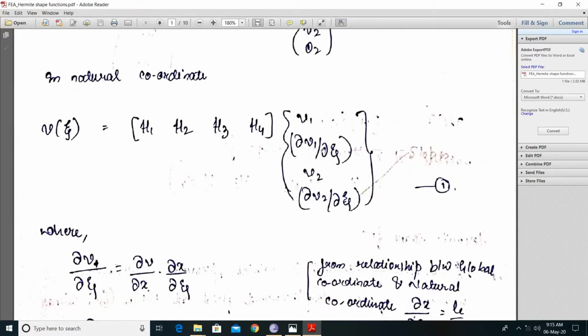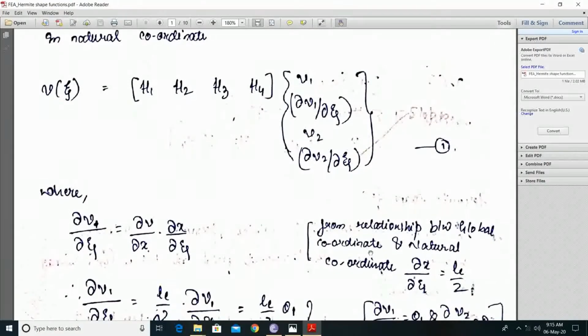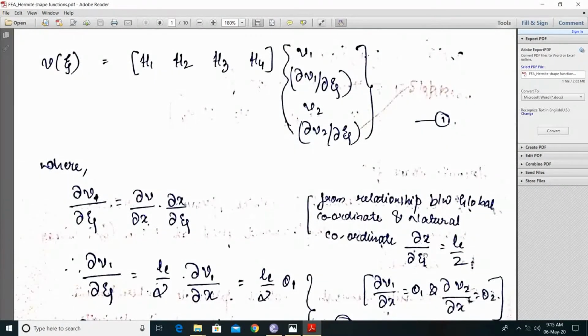In order to do that, we need to use the relationship between a global coordinate and natural coordinate. So in general, we'll write dou v upon dou xi. By using chain rule, we'll get dou v upon dou x into dou x upon dou xi. If you just cancel this dou x, you'll get back again this equation. Now from the relationship between global coordinate and natural coordinate, we know dou x upon dou xi equal to Le by 2.